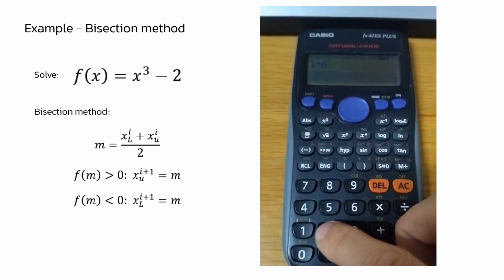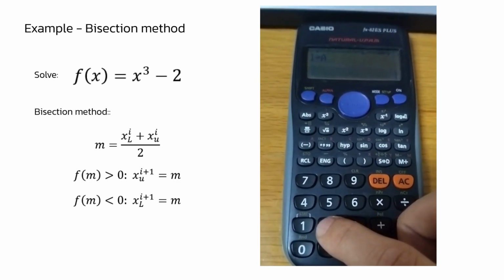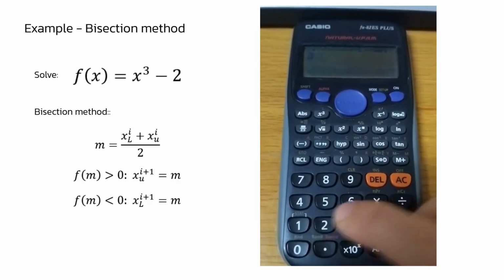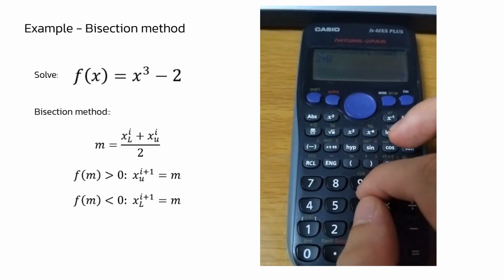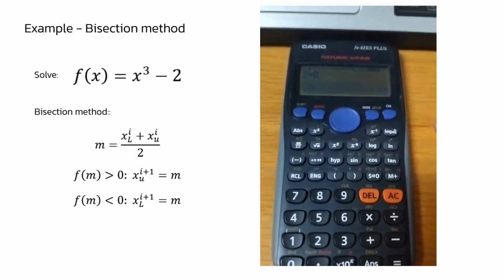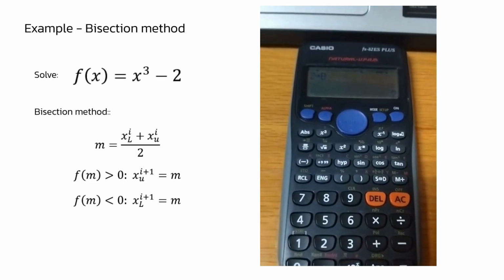Next, you want to store the second variable, which is the upper x. Okay, now you have your variables stored as A and B.